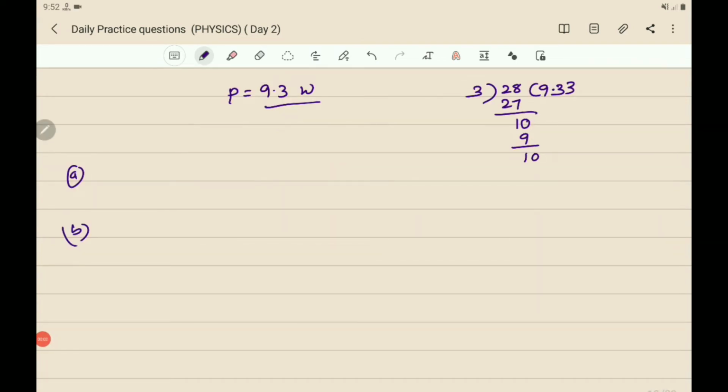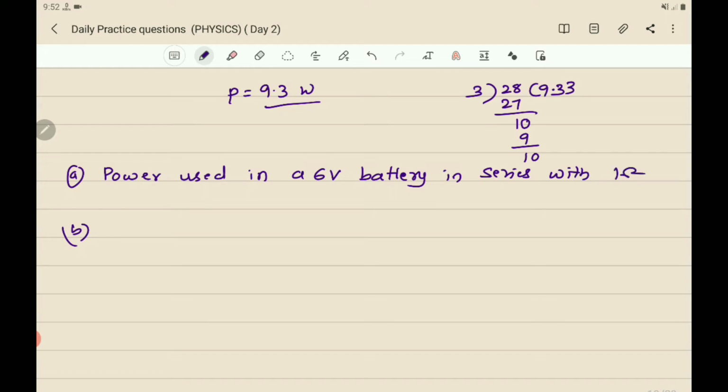So you write that power used in a 6 volt battery in series with 1 ohm and 2 ohm resistors is how much?